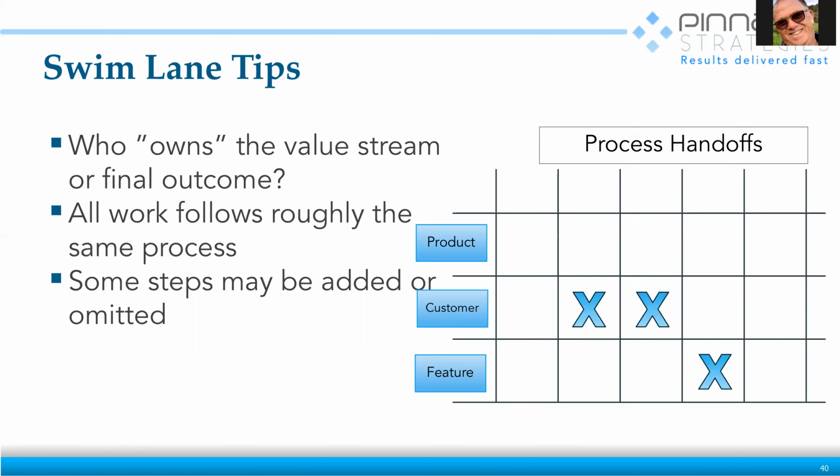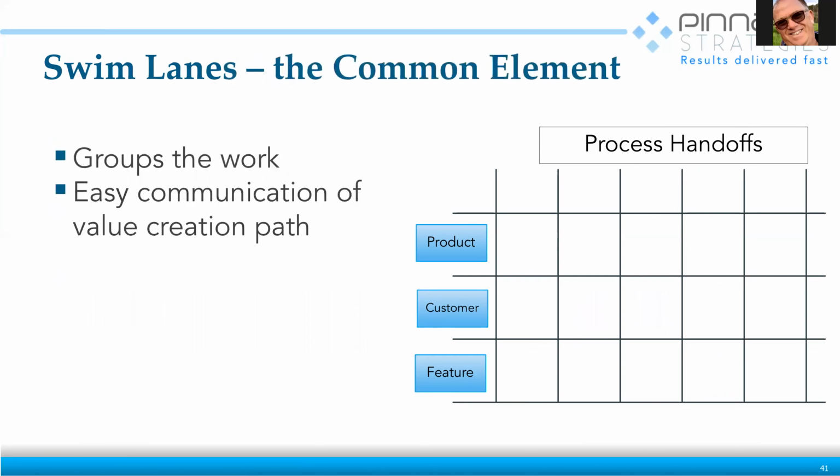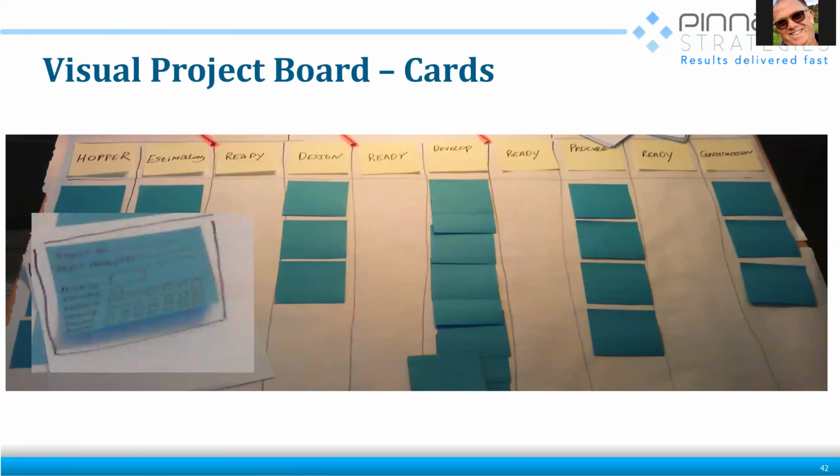What you want in building your swim lanes is to have something that works for your team. Now, the common element of the swim lanes is it's a grouping activity. It easily communicates the value creation process, so you can see quickly at a glance how things go forward. And then we can start to populate the board with our cards.